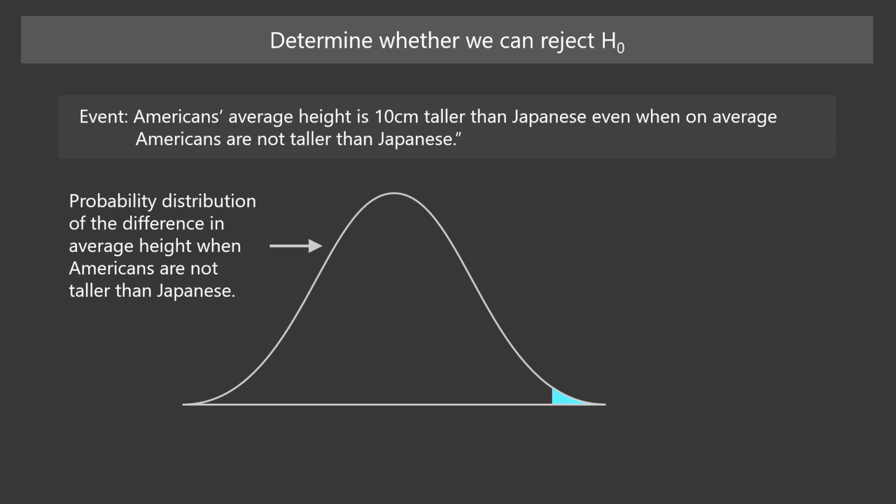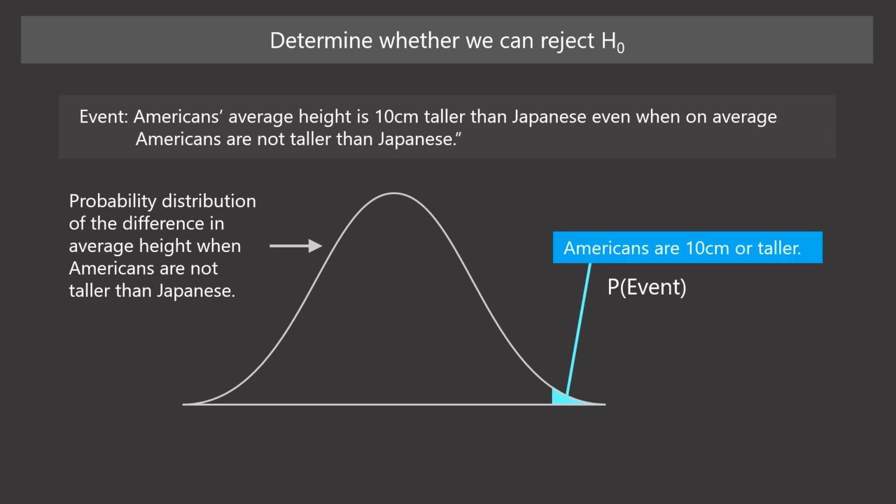So, in this example, using a test statistic, we obtain a probability distribution of the difference in average height when Americans are not taller than Japanese. This shaded area represents cases where we observe that, on average, Americans are 10 centimeters or more taller than Japanese. That is, this area is the probability of the focal event of this case.